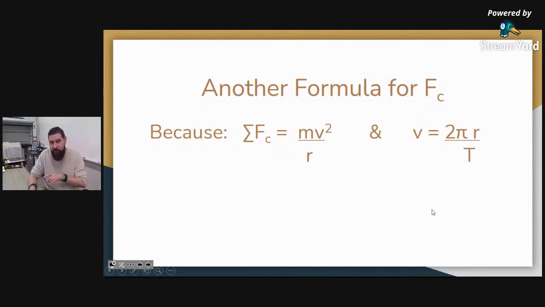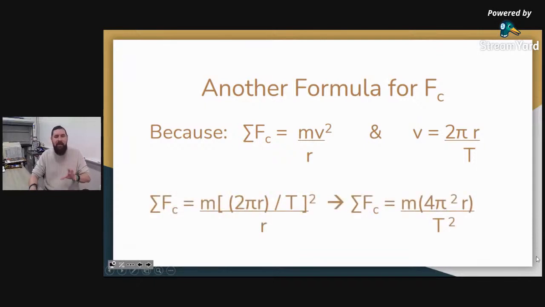We can plug these in together, and initially we get force centripetal equals mass times 2 pi r per t, all squared, and then divided by r, which simplifies down to net force centripetal equals mass times 4 pi squared times r, all divided by the period squared.